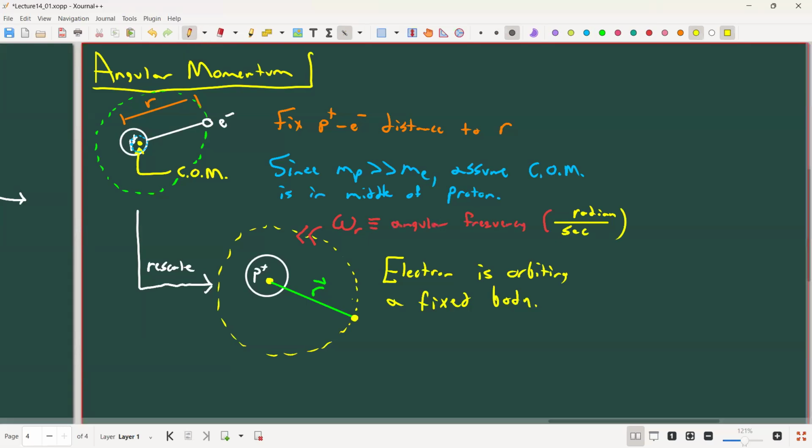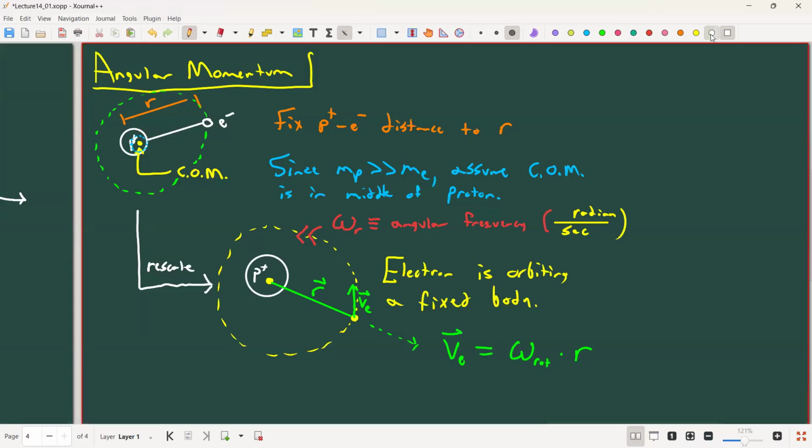And so what we can say is that this electron has a velocity. And the velocity of the electron is equal to the angular frequency times the distance.